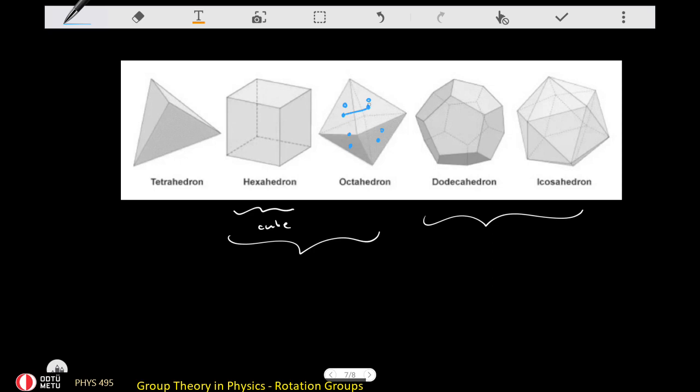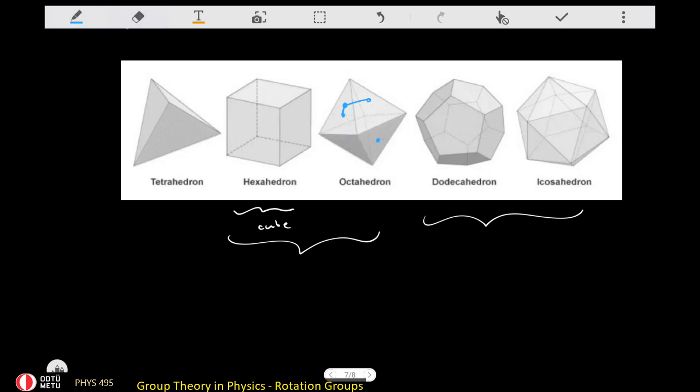If I connect them, I'm going to get a shape like that. But of course, this is going to be kind of complicated in here, so I cannot do justice with the geometry in here. But you can convince yourself that what you are going to get is a cube inside, right?